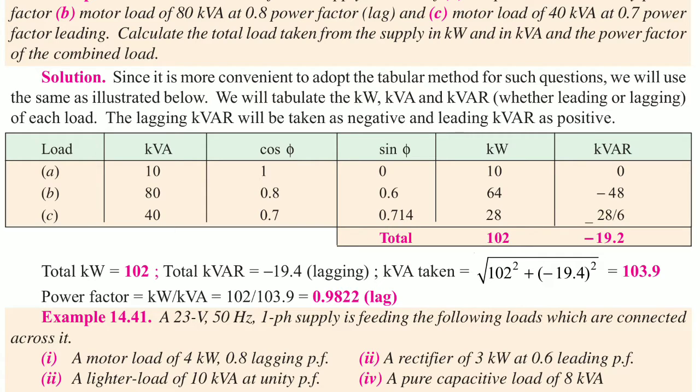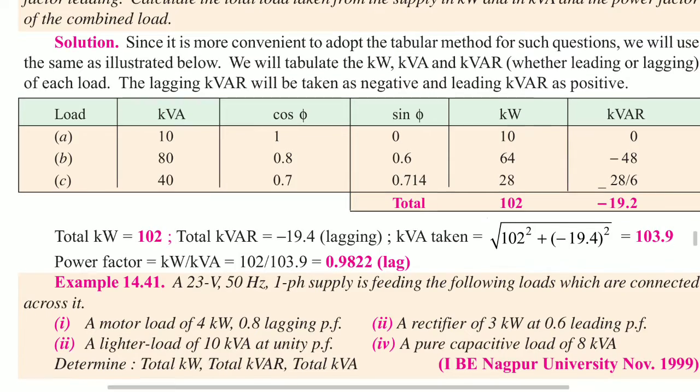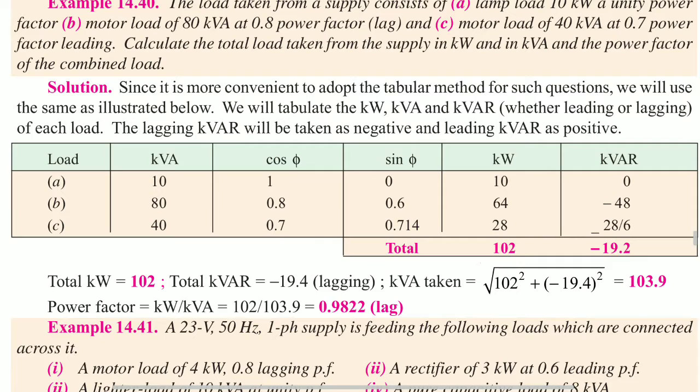Note that the lagging kVAR will be taken as negative and leading kVAR as positive. Observe this one.